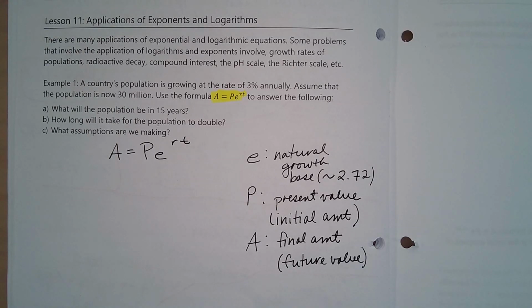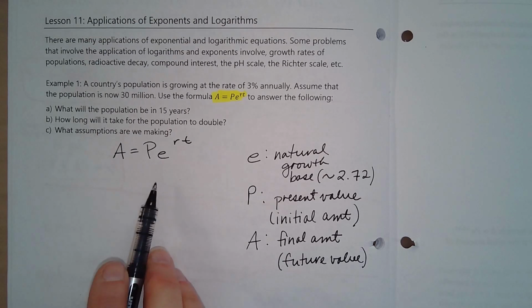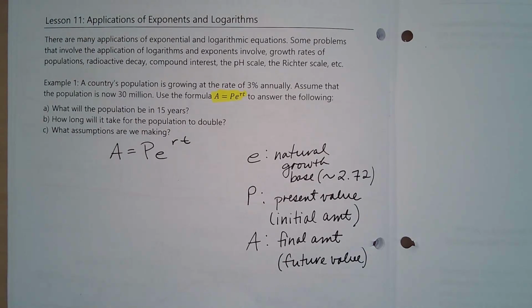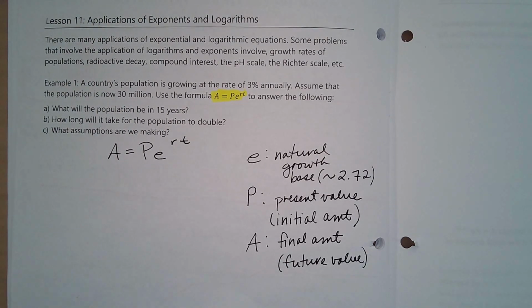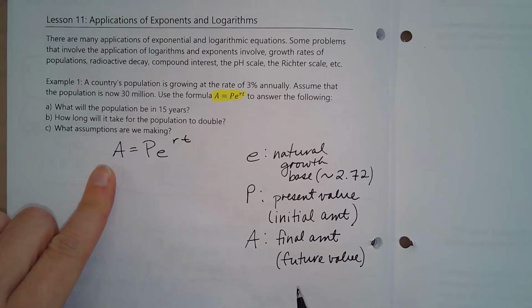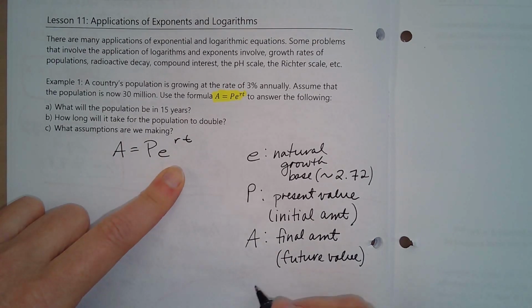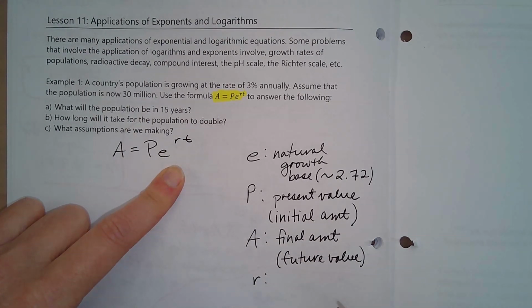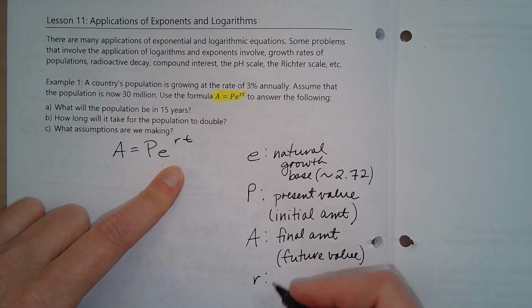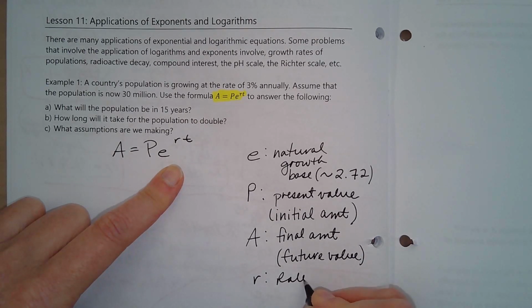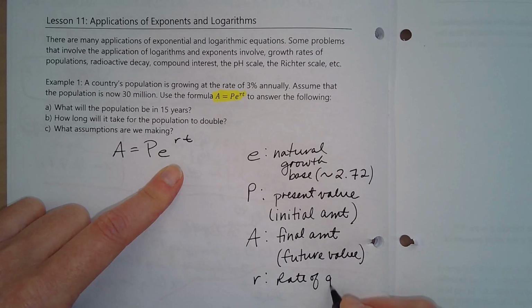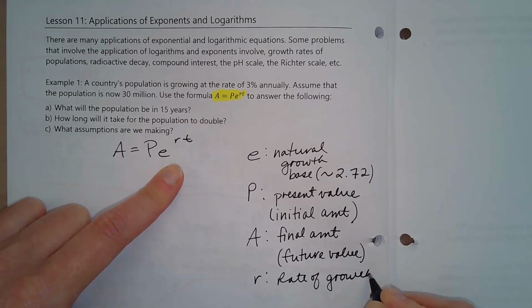What will the population be in 15 years? Okay, well, what do we have here? The population is now 30 million, so P is 30 million, right? The country's growth rate is 3%, so that's R, isn't it? Notice what I'm doing here. We don't put percents in formulas.